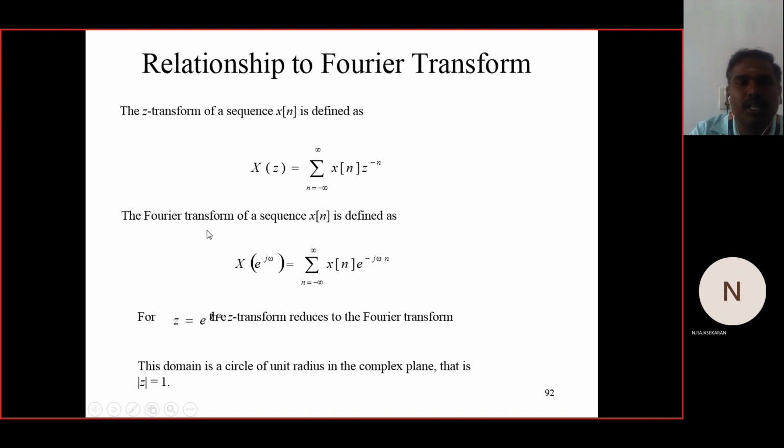The Fourier transform of the sequence x of n is defined as X of e power j omega, which is equivalent to summation n equal to minus infinity to plus infinity x of n e power minus j omega n, where z is nothing but e power j omega. The Z transform reduces to the Fourier transform. So this domain is a circle of unit radius in the complex plane, that is, magnitude of z equal to 1. So we are going to draw a unit circle over the xy plane.